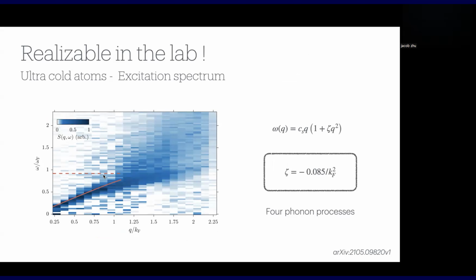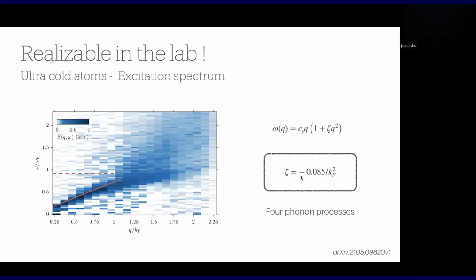And the dotted red line is the pair-breaking continuum. Above this, you're giving too much energy to the system, so you start breaking pairs and you end up in a continuum. We are not interested in this, and we only consider the linear part plus the deviation. And in this particular experiment, they found a negative correction.